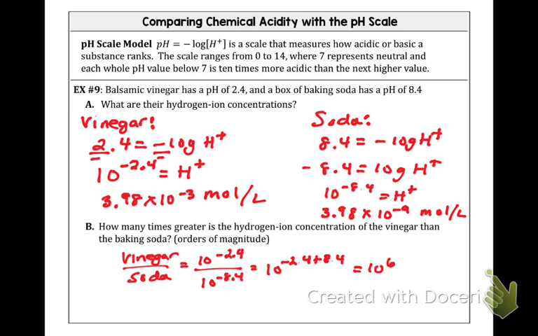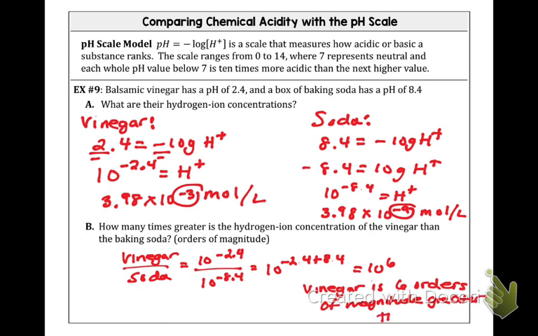We could have gotten that by moving from negative 9 to negative 3, which is 6 units. So vinegar is 6 orders of magnitude greater than soda. All right, here completes your notes.